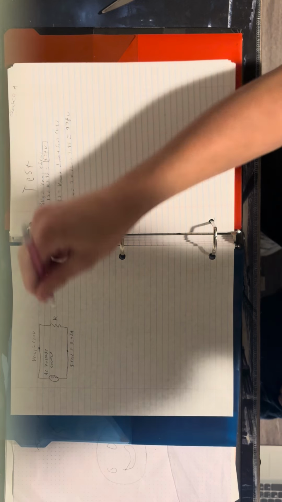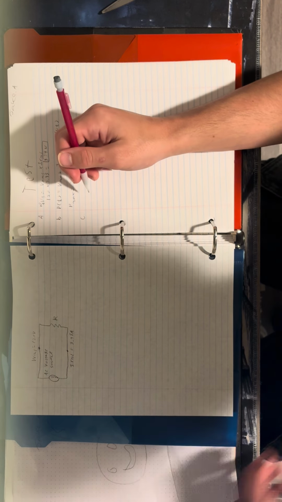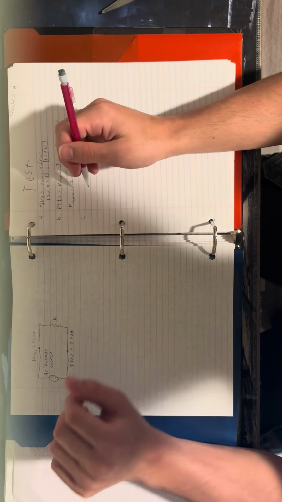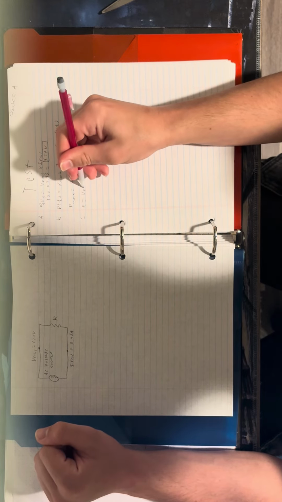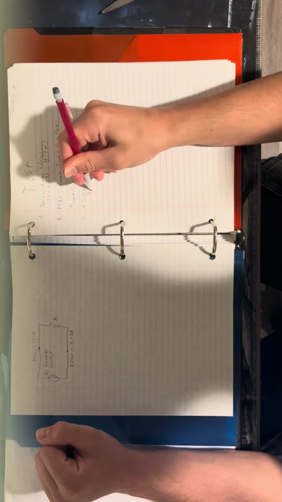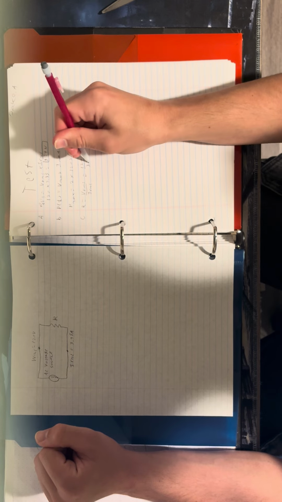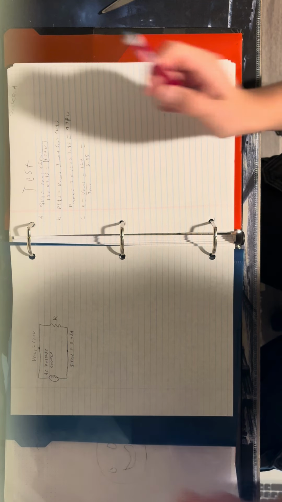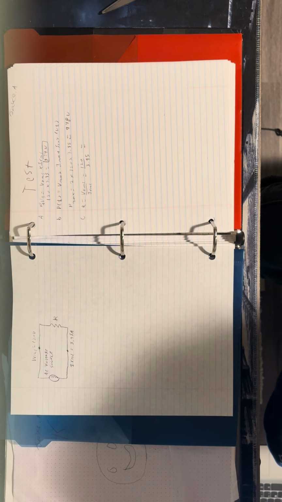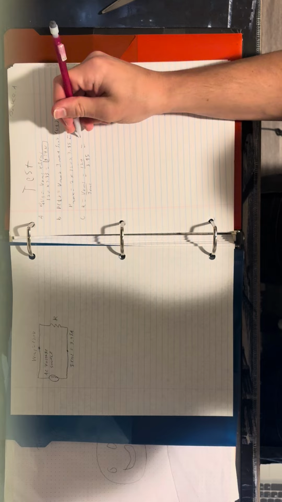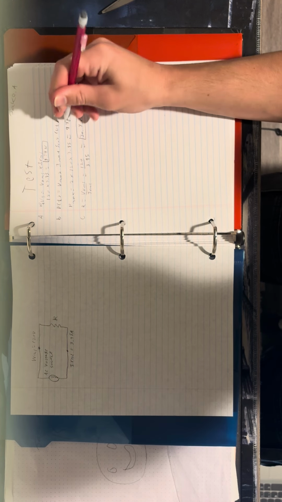But now we're finding our resistance for C, which is resistance equals voltage root mean square over the current root mean square, which is 120 over 3.95, which equals 30.4 ohms, our resistance.